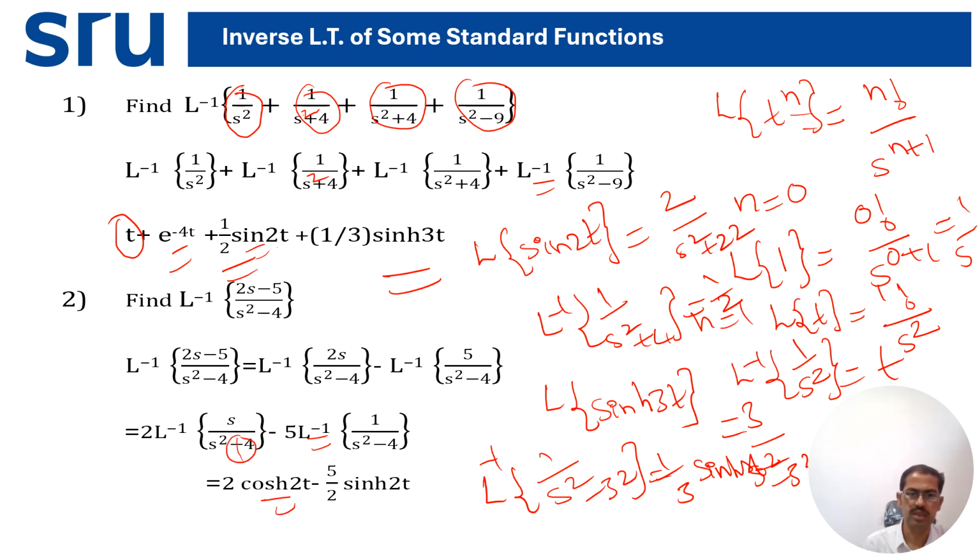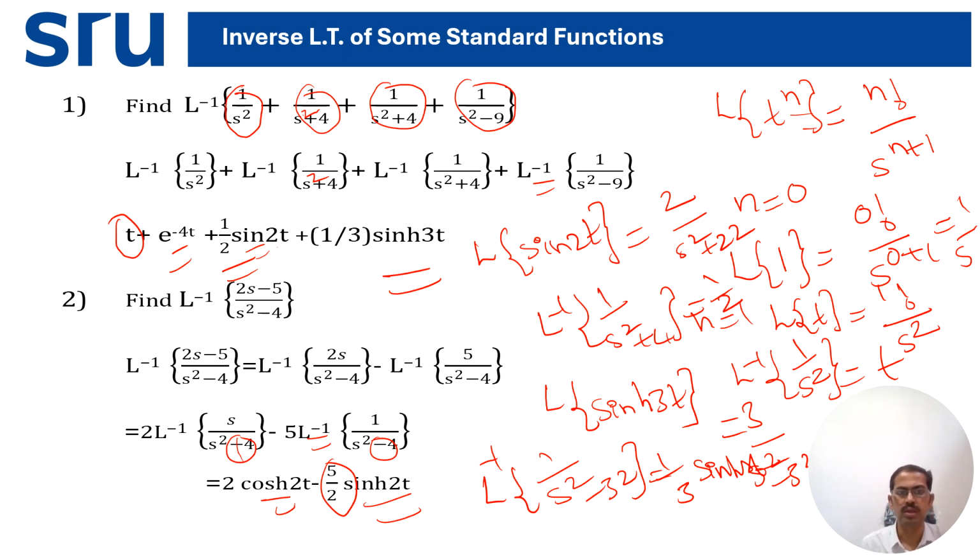If it is plus, it is simply cos 2t. Here also, 1 by s square minus 2 square gives sinh 2t, and the numerator 2 goes to the other side, so 5 by 2 sinh 2t. Here also negative, so hyperbolic function.